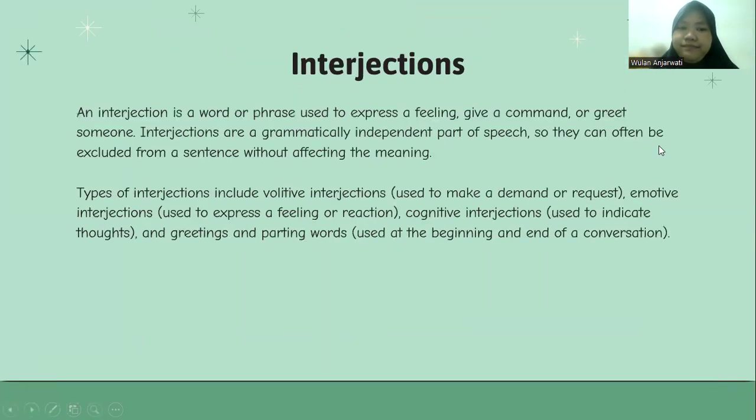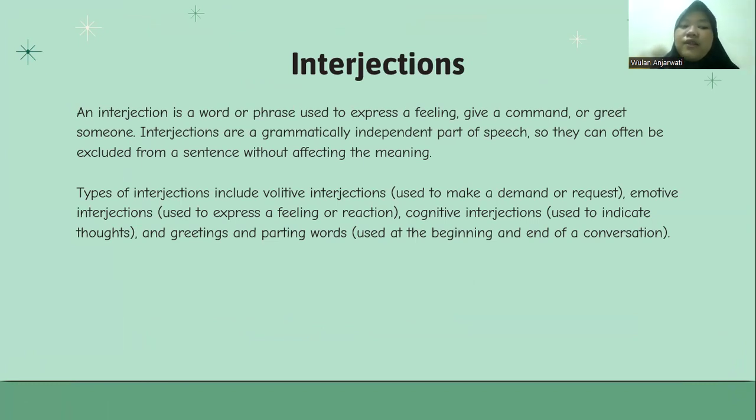Okay, next, there's the interjection. An interjection is a word or phrase used to express a feeling, give a comment, or greet someone. Interjections are a grammatically independent part of speech, so they can often be excluded from a sentence without affecting the meaning.